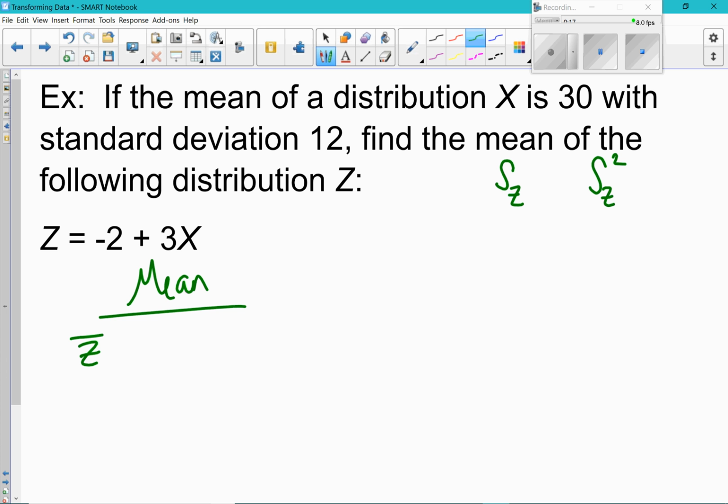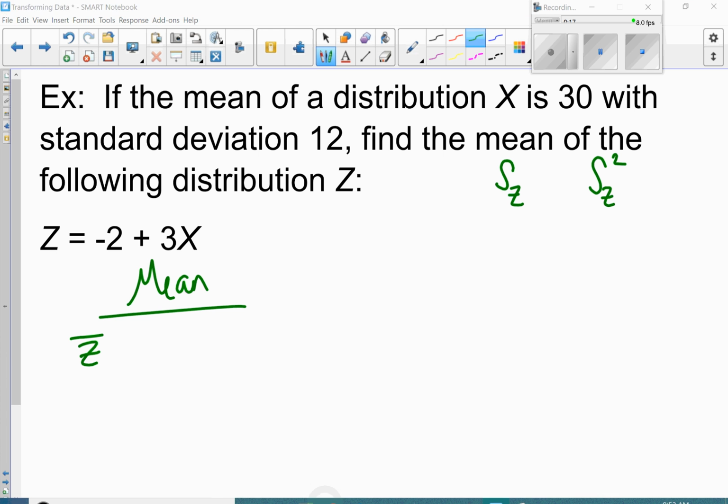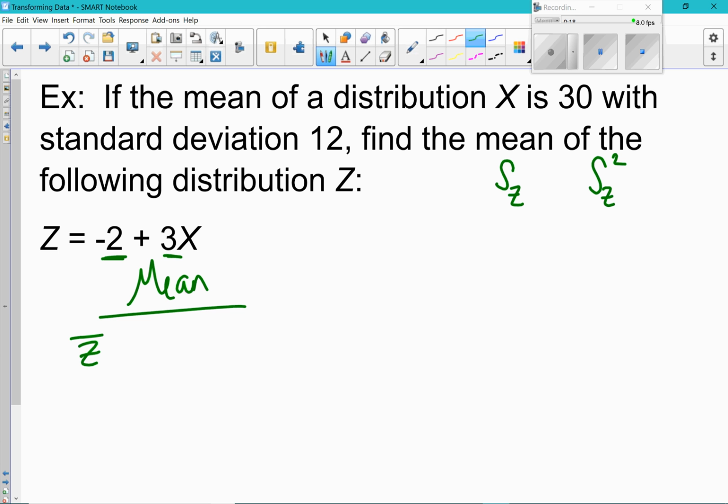It's the average of all the z's. All right, so the mean is affected by both adding and multiplying. Just follow your order of operations. If my old mean was 30, I'm going to do 3 times 30, and then subtract 2. So that's 90 minus 2. The mean of z is going to be 88.